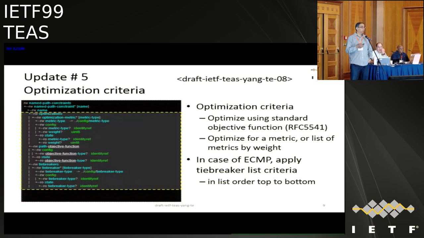The other config is the optimization criteria. It's very similar to the one from RFC 5541. It can be one metric or a list of metrics with a weight. And there are also tiebreakers. It's an ordered list from top to bottom, so in case two paths are the same, we have defined tiebreakers as well.